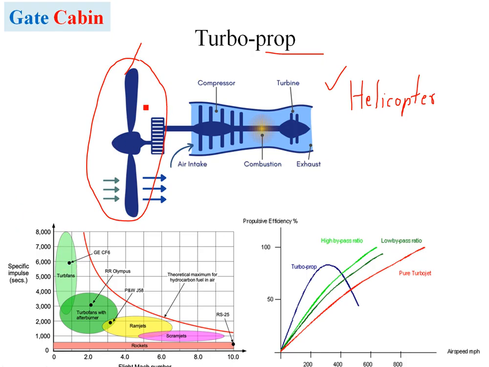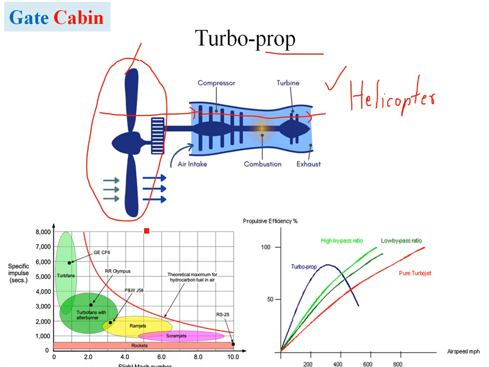So here again the air is accelerated by means of propeller blades, and this accelerated air increases in speed, and then when it enters the stator and rotor, the pressure is further increased. Then the compressor again increases the pressure, then combustion, and then it goes to the turbine. Jet engines don't use this kind of arrangement.